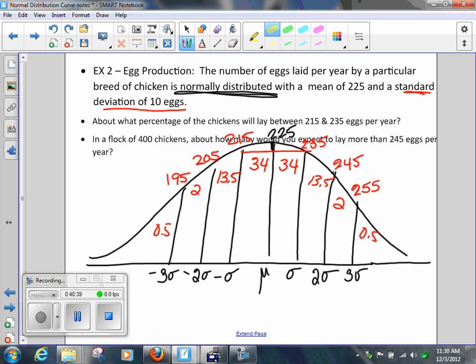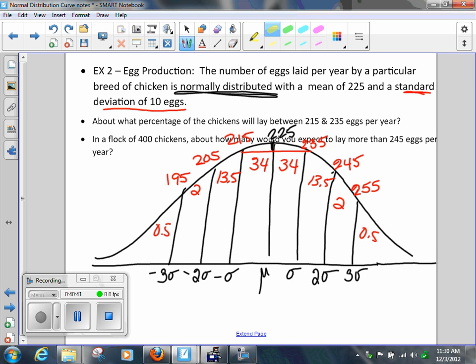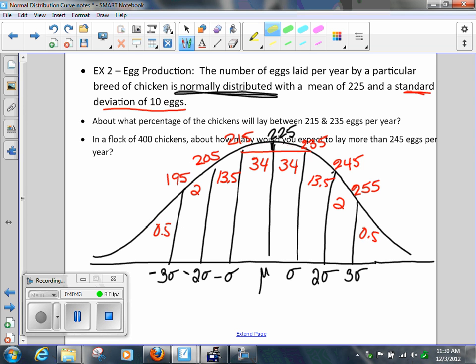Why will that not do? Lindsay, you cool with that? Yeah, I think it was. From 215, from here to here. 215 to 235, 68%, guys, yes or no? Yep.